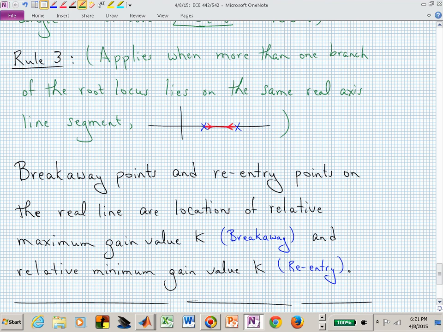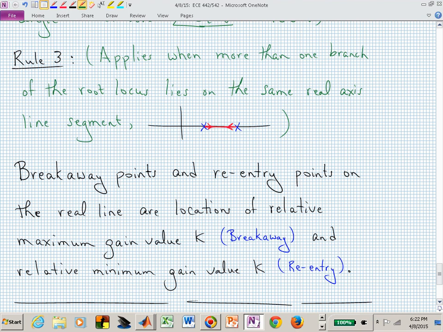The opposite scenario is if we had two zeros and a real line, a root locus segment between those zeros. Then the branches are going to come into that line segment. They're going to meet, and then they're going to go off to the zeros. That's a re-entry point, not a breakaway, but a re-entry point. And that's a relative minimum value of k.